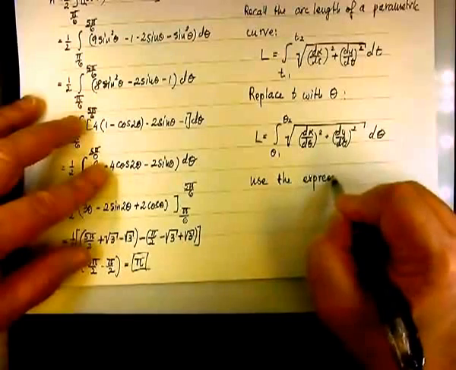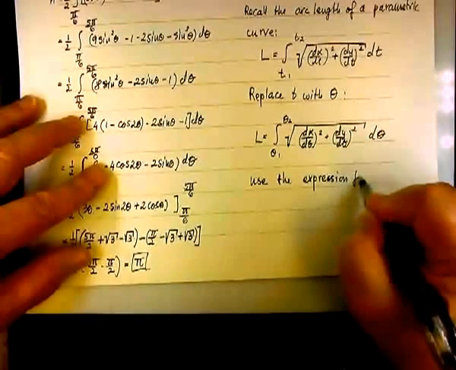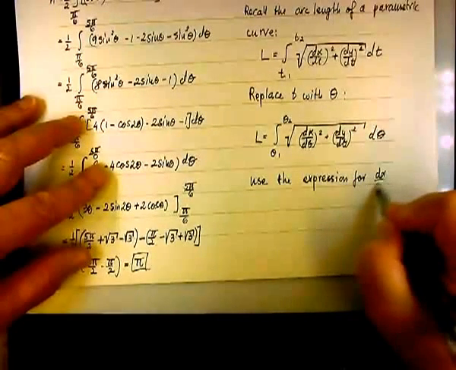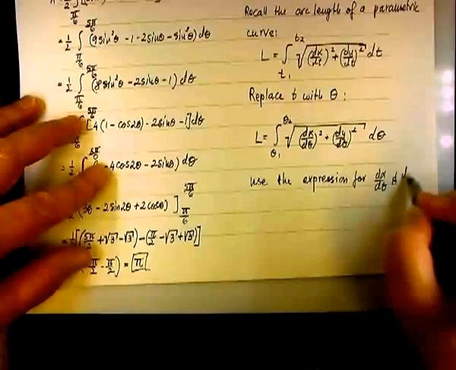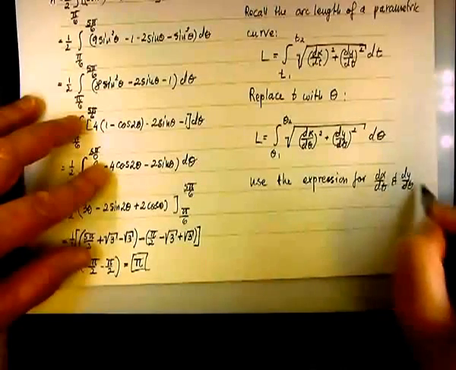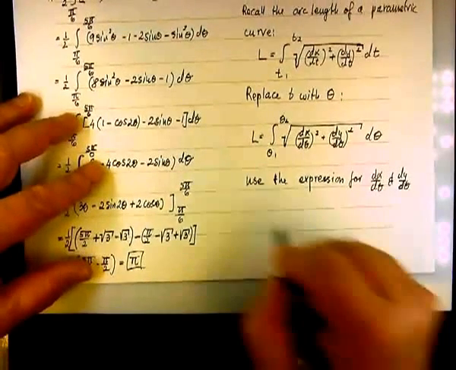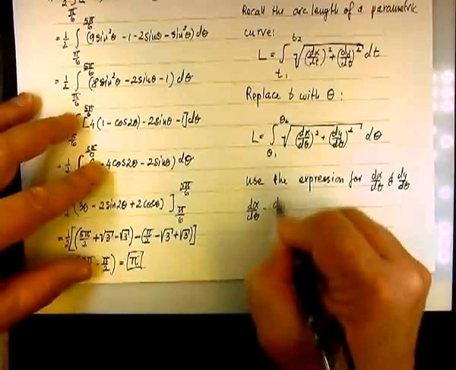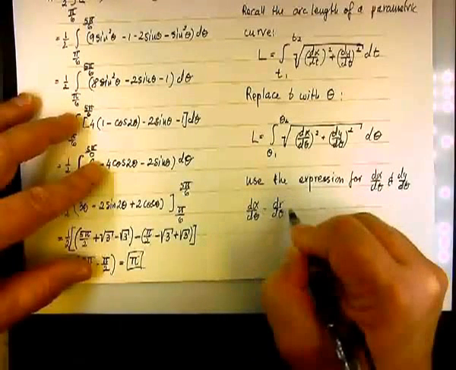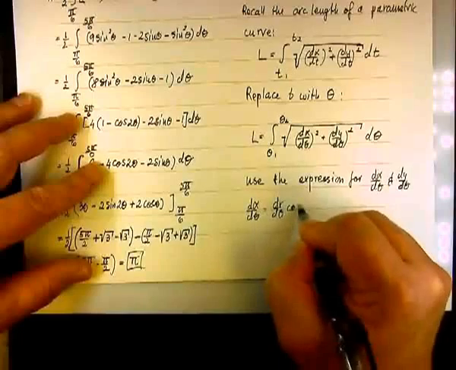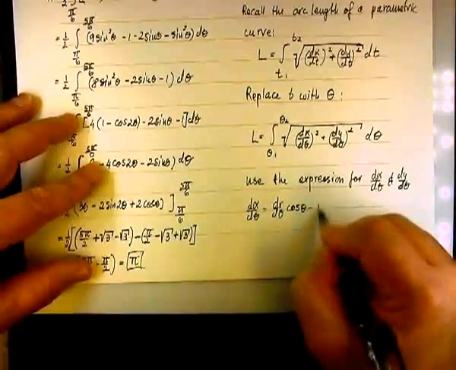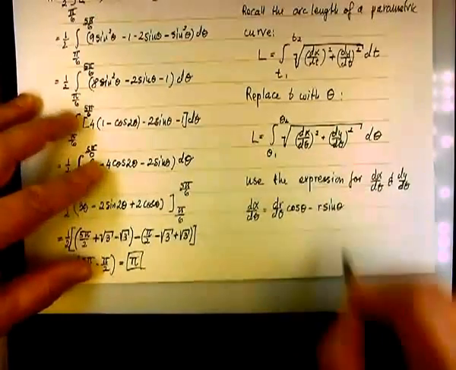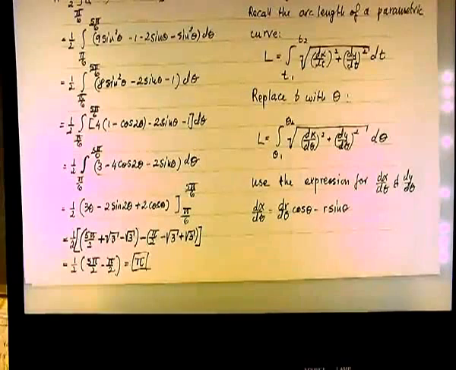Use the expression for dx d theta and dy d theta. I'm just going to give you the idea behind it. If you recall, dx d theta was dr d theta cosine theta minus r sine theta.